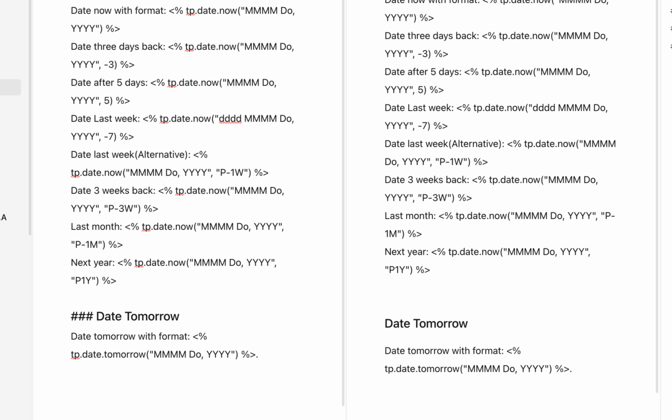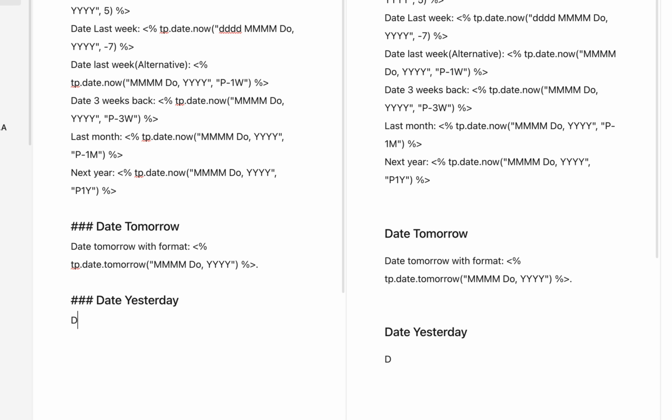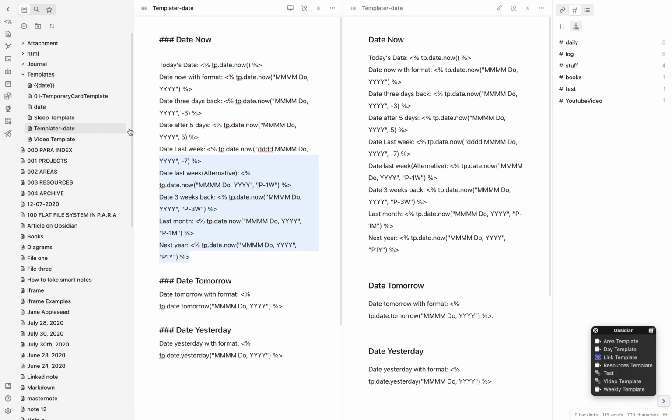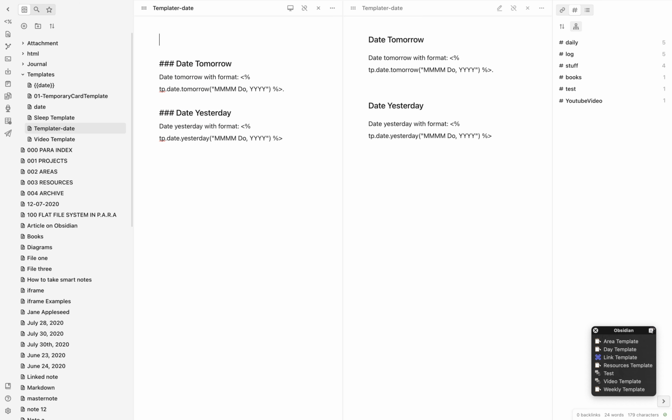Next module is date yesterday. So we start by writing date yesterday, and as you might have guessed, instead of tp.date.tomorrow, we do tp.date.yesterday. Now let's just see how this all comes together. So I don't want to confuse you all with the other commands, so we'll just clear that.